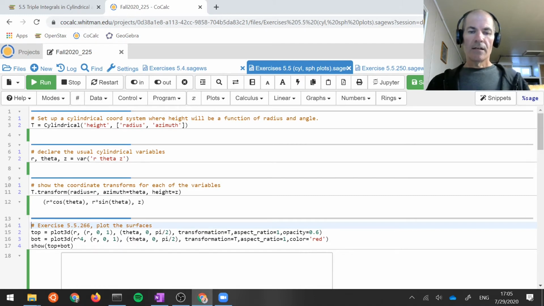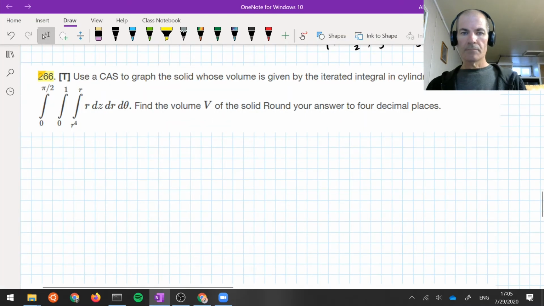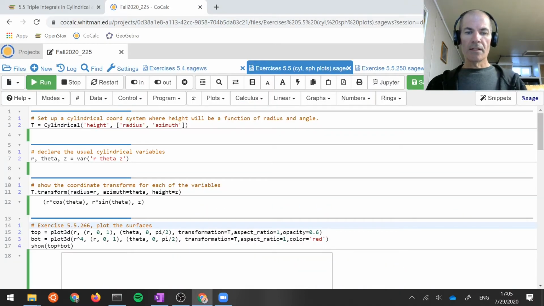All right, now in problem 266 here, we know that we're integrating with respect to z. So the lower limit is z in terms of r and theta, but there's no theta, so it's just z equals r to the fourth. The bottom is r to the fourth, the top is r.